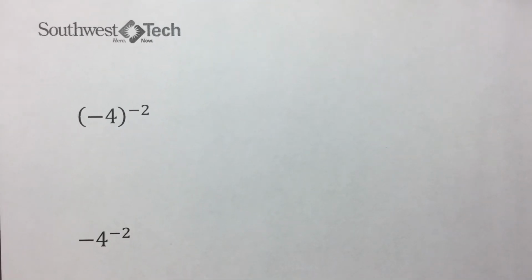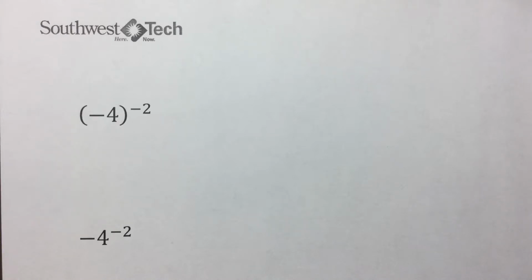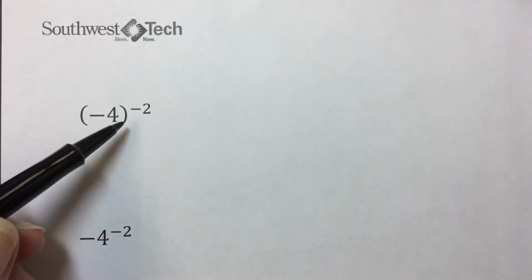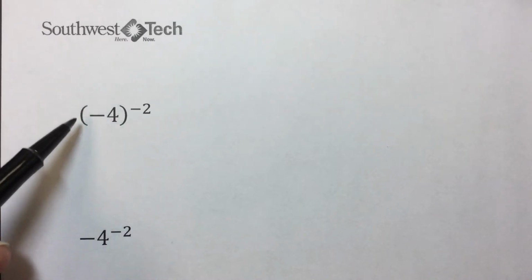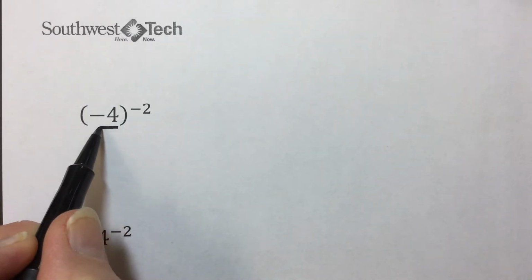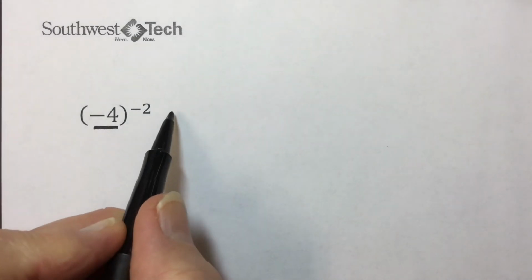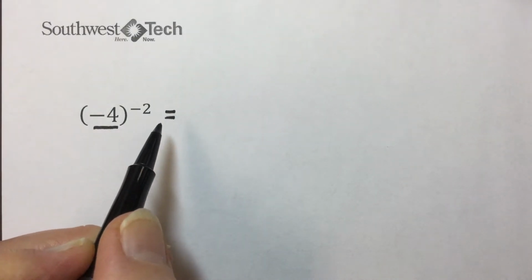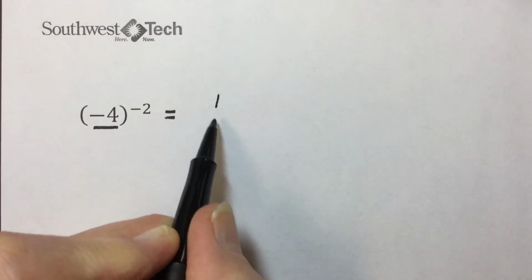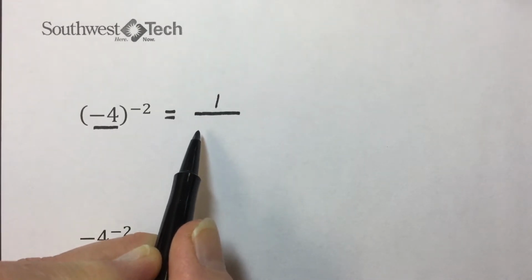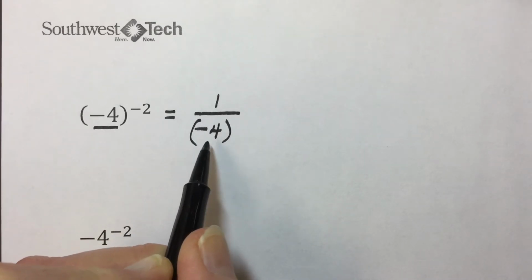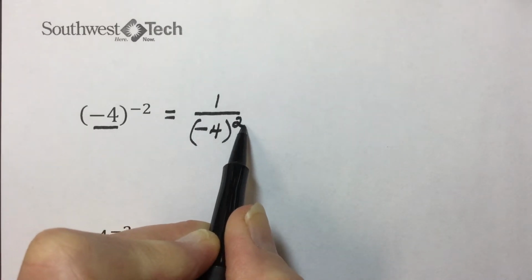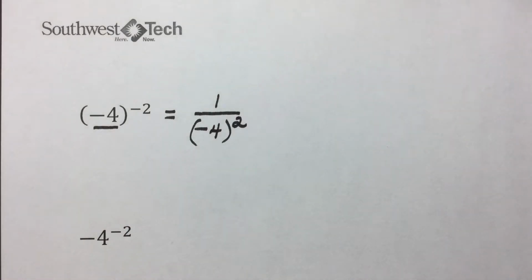In these next two examples, illustrating what is being raised to the power, here negative 4 is in parentheses, so it is that quantity we're treating as our base raised to the negative 2. Using our negative exponent relationship, the negative can be replaced by taking that base, in this case negative 4, to the denominator, and now with a positive 2 exponent.